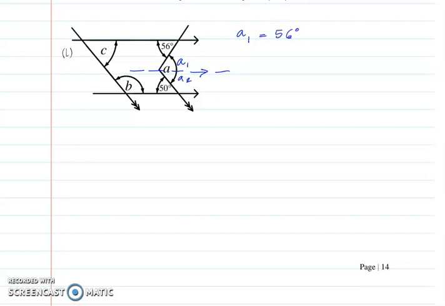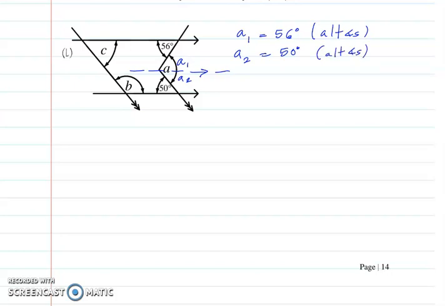And I want you guys to replay the video and have a look at this. They're alternate angles. A2 is equal to 50 degrees. If you can see it, that's my Z. This is 50 degrees. They are alternate angles.